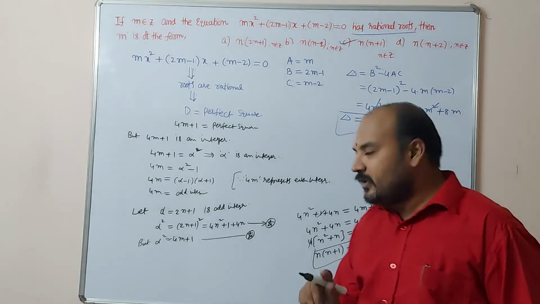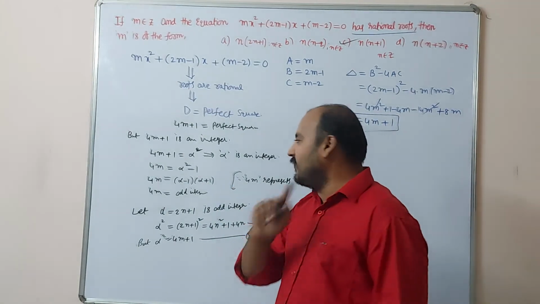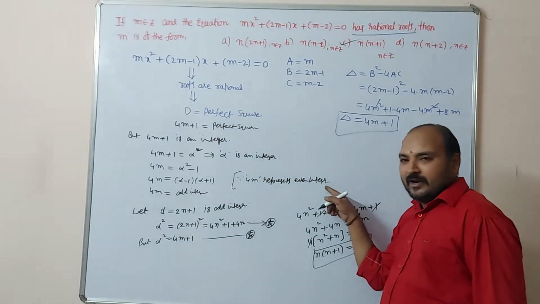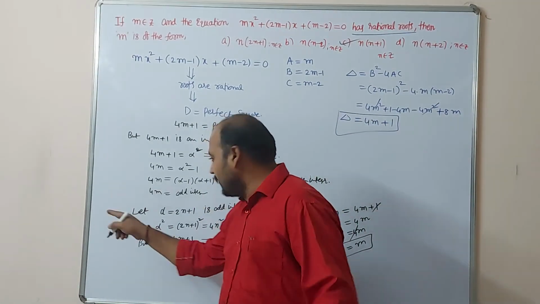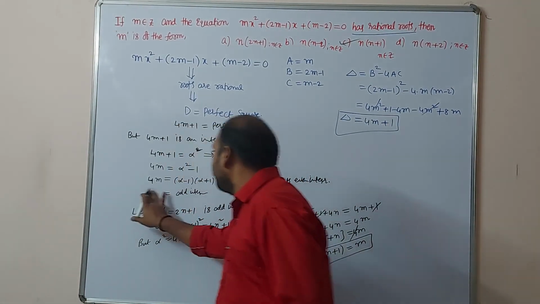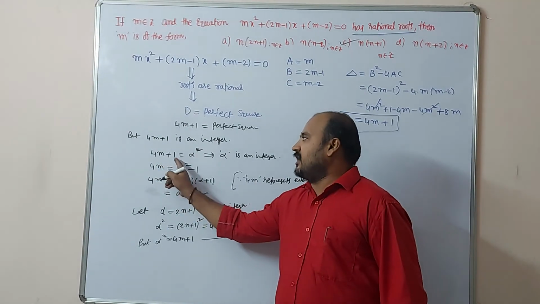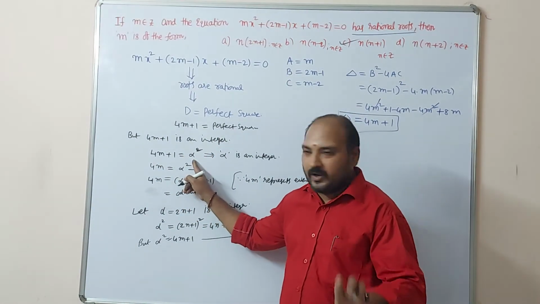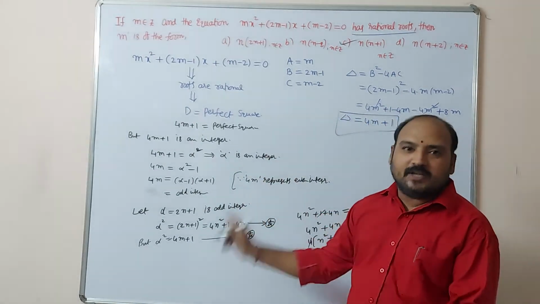Yeah, dear students, here I will give some clarity. Sir, on one side you are saying 4m represents an even integer, here you wrote odd integer. Here I have to give clarity. 4m plus 1 is equal to an integer that is a perfect square, that is the reason you have taken alpha square. That implies that alpha is an integer.